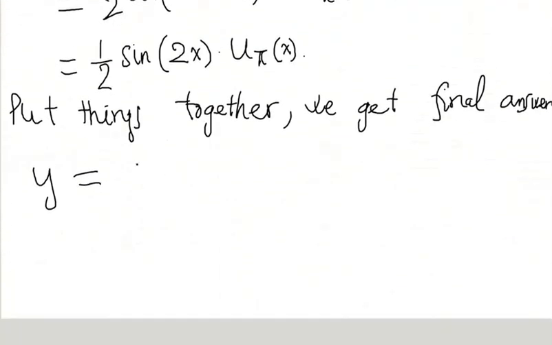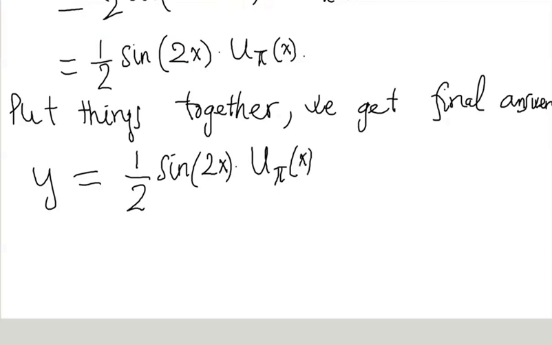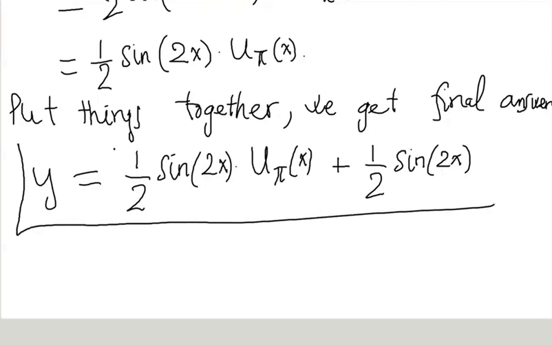The first one above, we have a half sine of 2x times u pi of x, and then the second one is plus a half sine of 2x, and this is the solution.